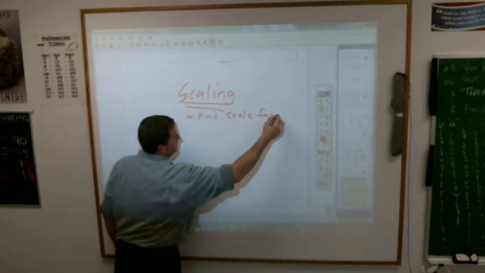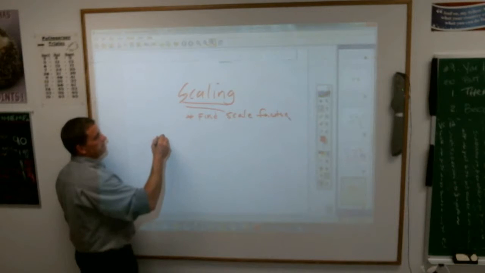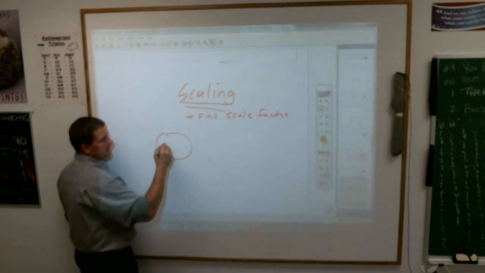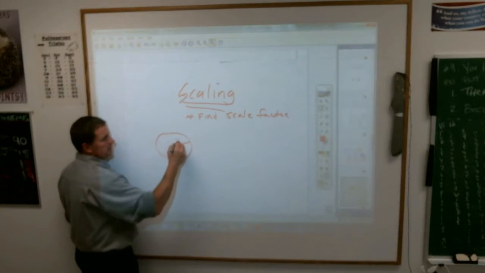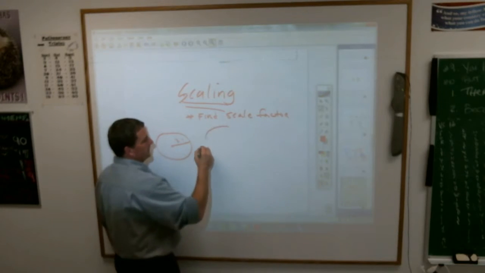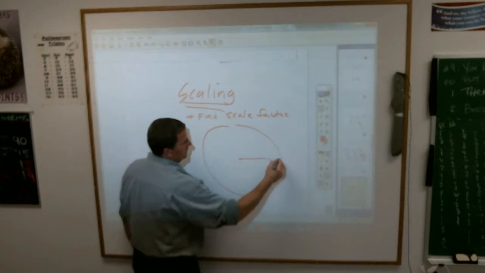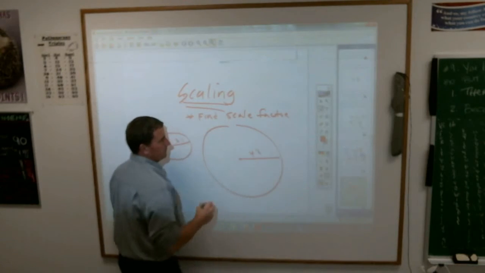Let's talk about that just for a second. Let's say I have a circle that started out being 2 inches in radius, and then I drew a new circle that is 4 inches in radius.